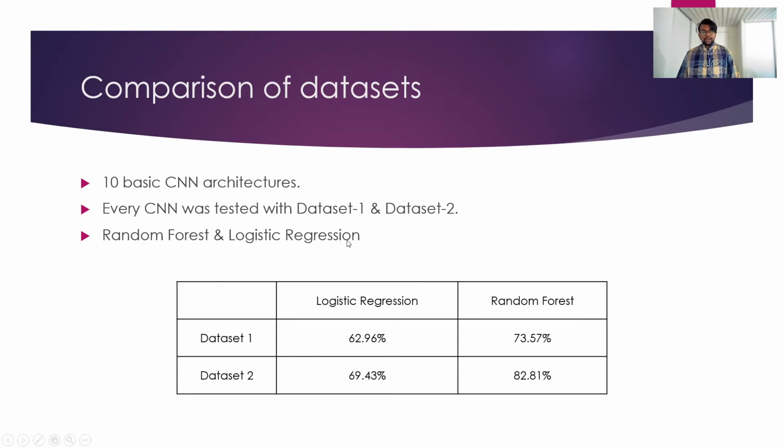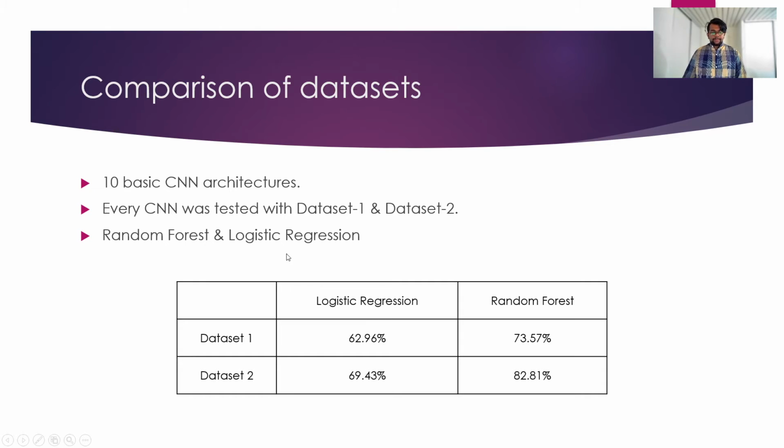We test the 10 basic CNN architectures that we showed on the comparison table, and we fed all the images, dataset 1 and dataset 2, to record the power data, and then we extracted features from it, and we ran 2 classifiers on the extracted features.